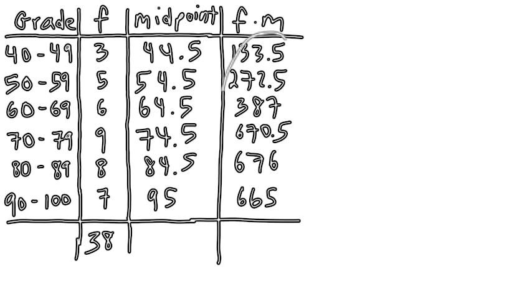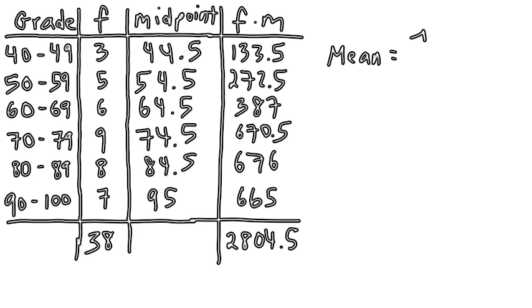Now, let's take the sum of this column. So go ahead and add those numbers using a calculator. So the total that I have is 2,804.5. So now we can calculate the mean.